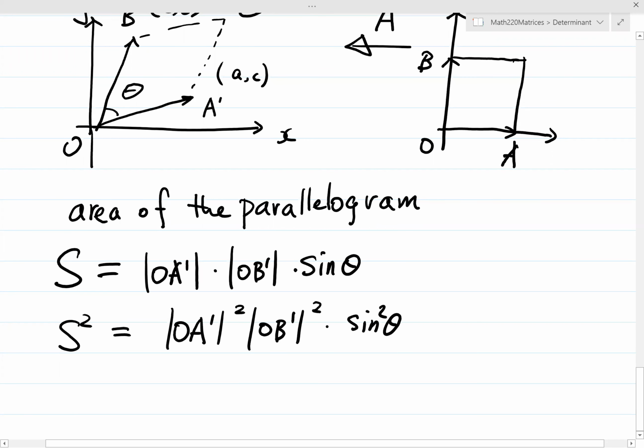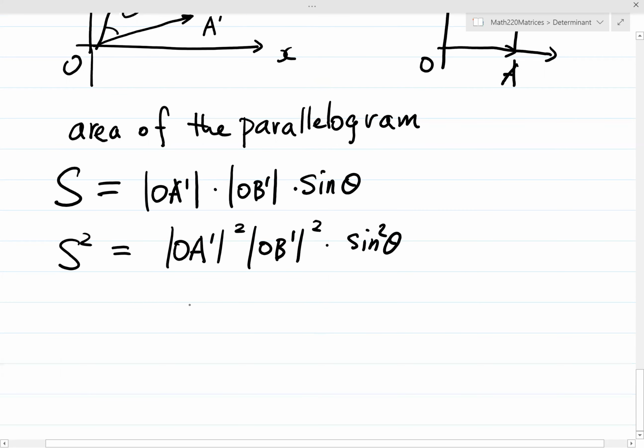Now sine squared we can write as 1 minus cosine squared. So it's OA prime squared times OB prime squared times 1 minus cosine squared.